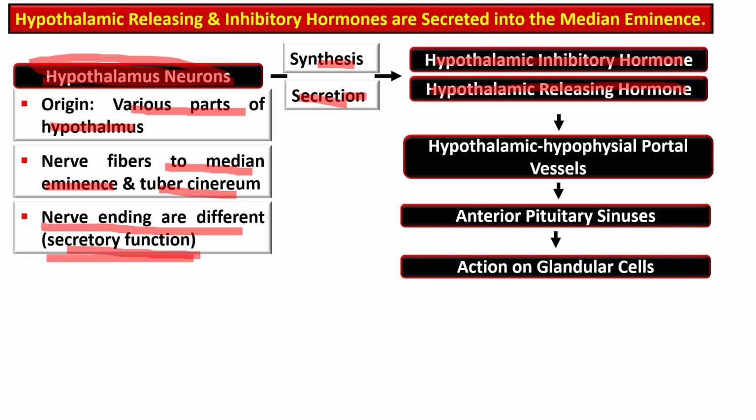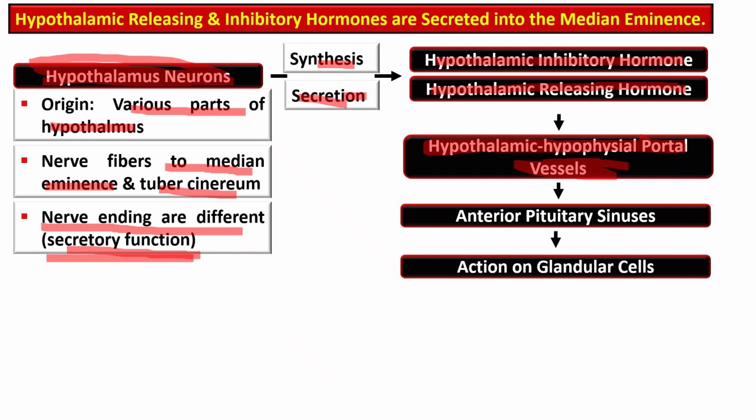They secrete various releasing and inhibitory hormones that act on the pituitary. How do they reach there? First, they are released into the hypothalamic hypophyseal portal vessel.